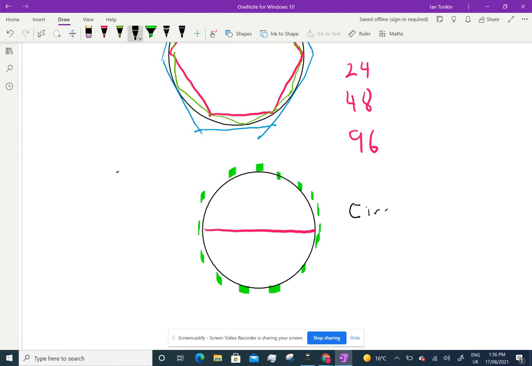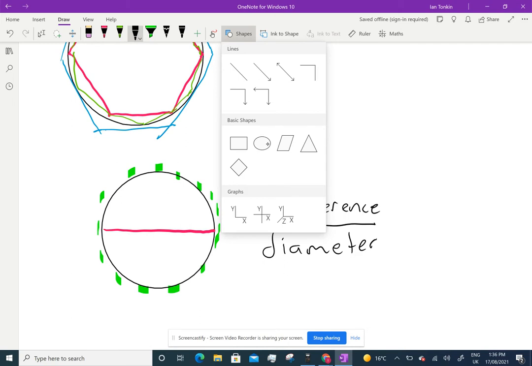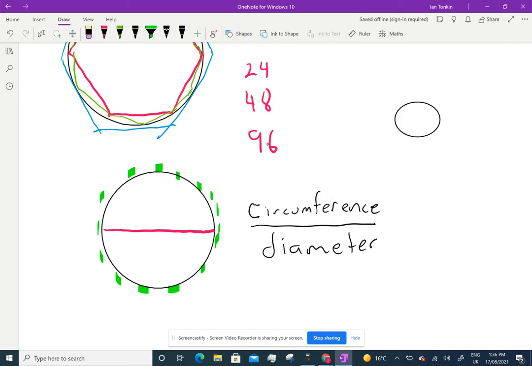And remember, we can write a ratio as a fraction. It didn't matter how big or small the circle. The ratio of the circumference to the diameter was always the same, because all circles are similar. They're just bigger versions.